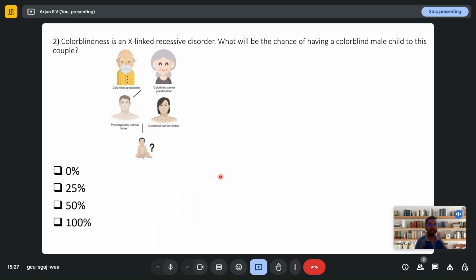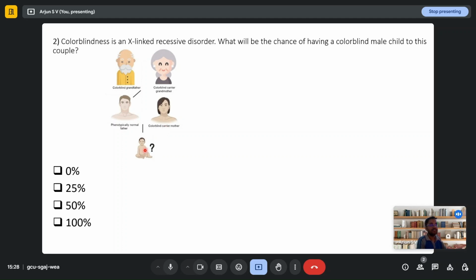Color blindness is an X-linked recessive disorder. What will be the chance of having a colorblind male child to this couple? The child has a colorblind grandfather and a colorblind carrier grandmother, who give rise to a phenotypically normal father, and the phenotypically normal father will have a colorblind carrier mother.